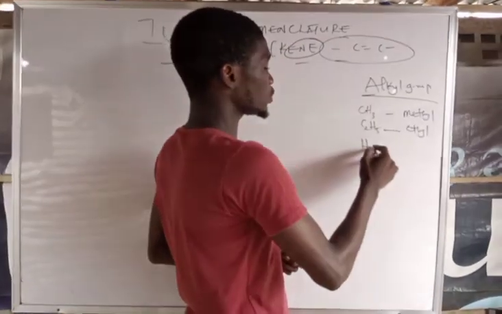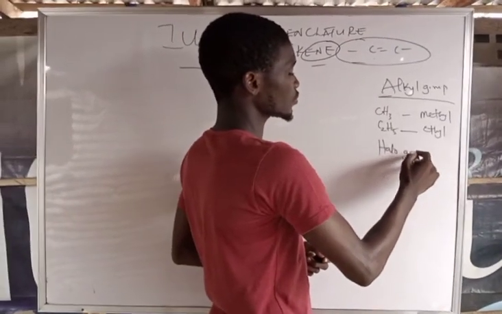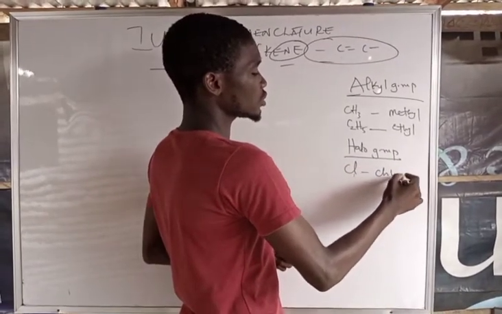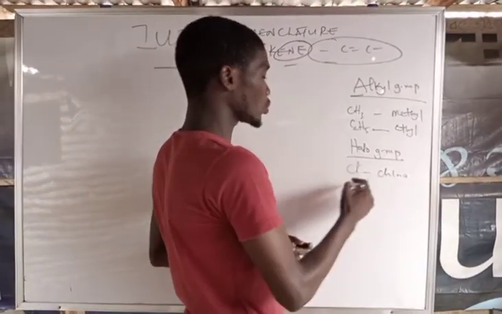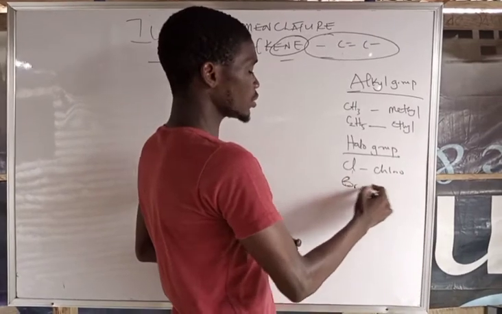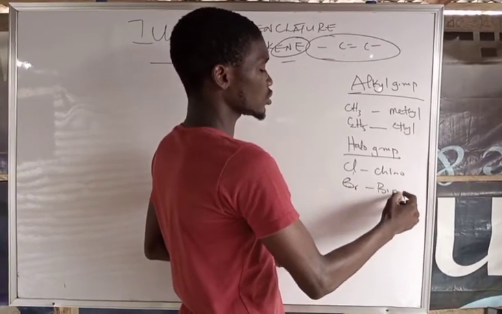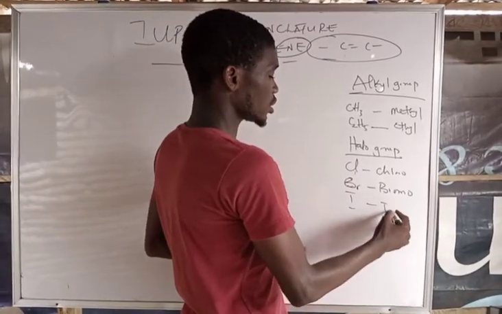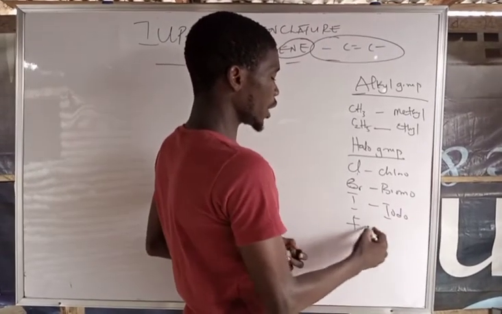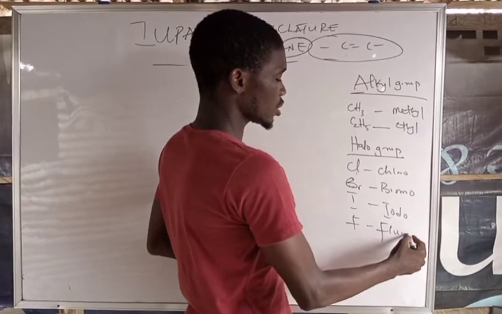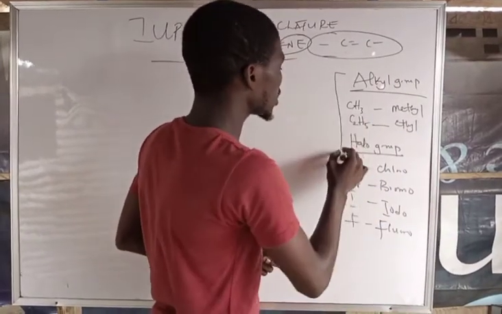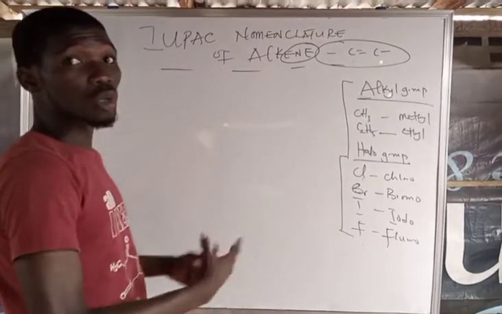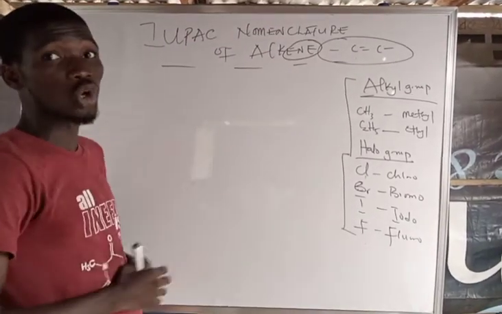For the halogen group, I have chlorine, called chloro; bromine, called bromo; iodine, iodo; and fluorine, fluoro. So I'll be considering these six groups: the alkyl group and the halo group.